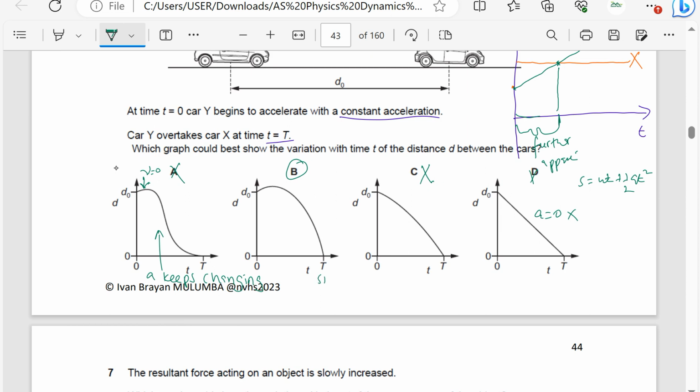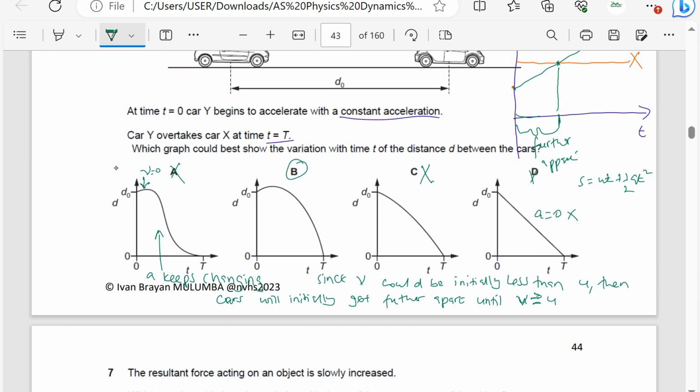So I'm saying since v is initially less than u, then the cars will initially get further apart until v is greater than or equal to u.